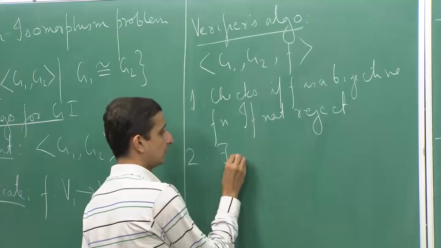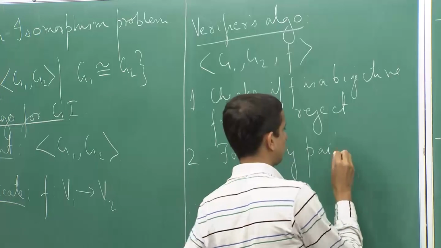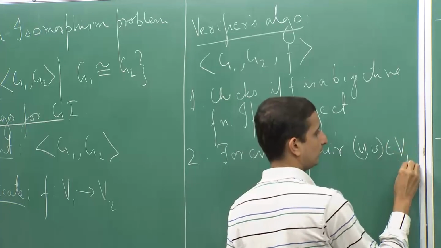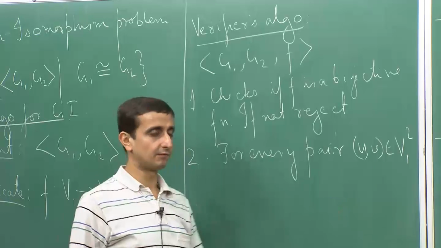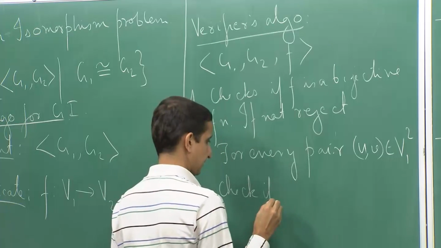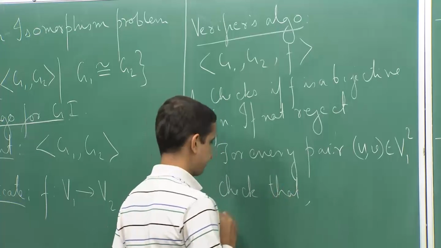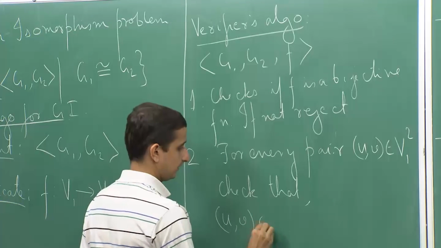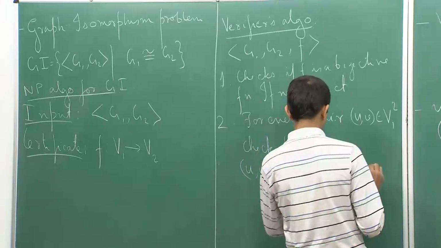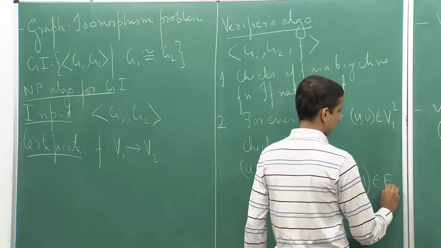What we do is that for every pair u comma v belonging to V1 square, that is both the vertices are coming from V1, check that u comma v is in E1 if and only if f of u comma f of v is in E2.